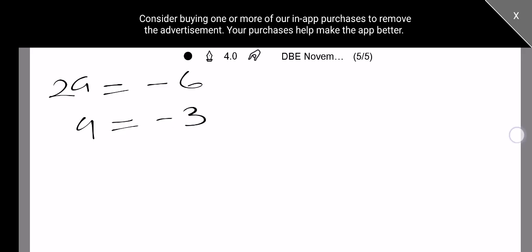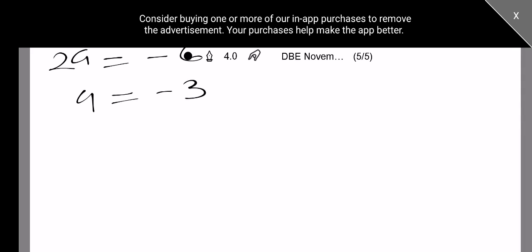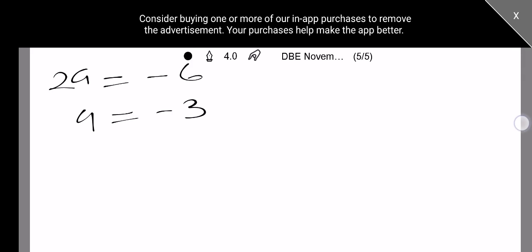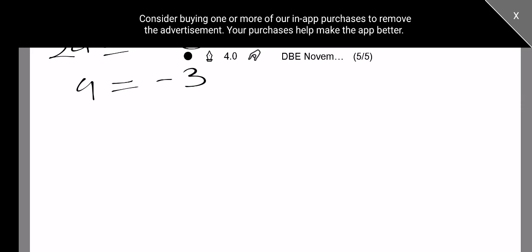So we've got 2a equals -6. Simplify, a equals -3.